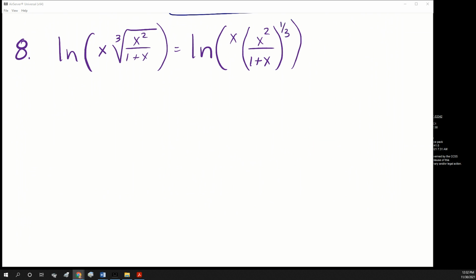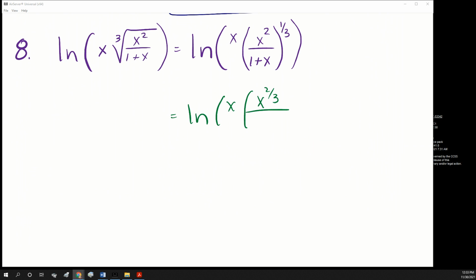Okay. Then, if you are going to raise a power to a power, what do you do with those powers? Multiply. Good. So that's going to be x to the 2/3.